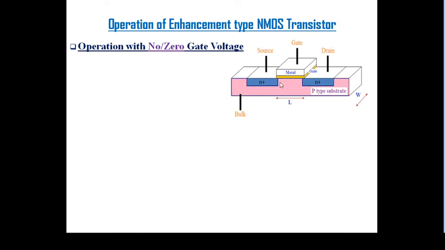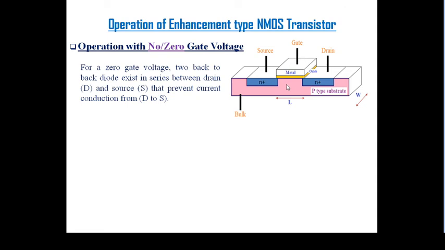So two back-to-back diodes will exist, N-P and P-N, and it offers very high input resistance. So for zero gate voltage, two back-to-back diodes exist in series.